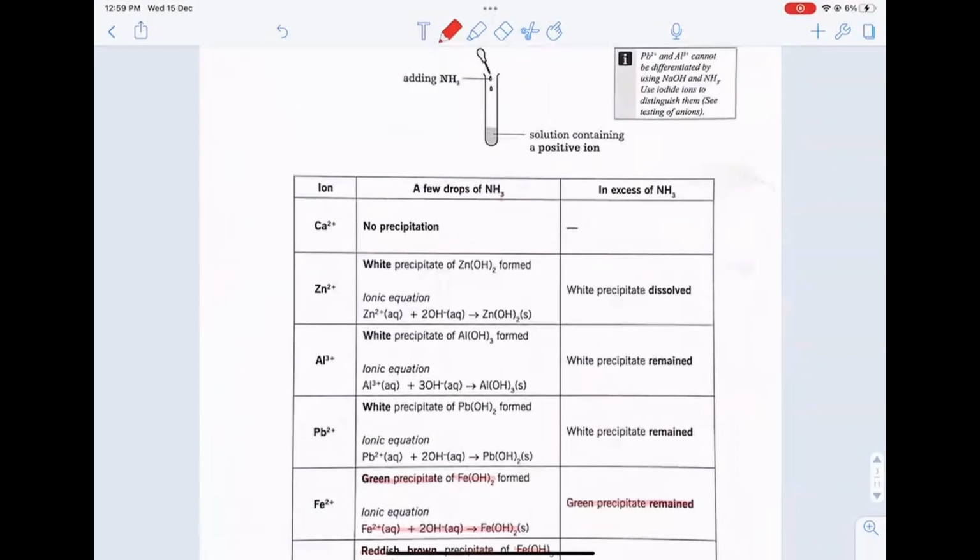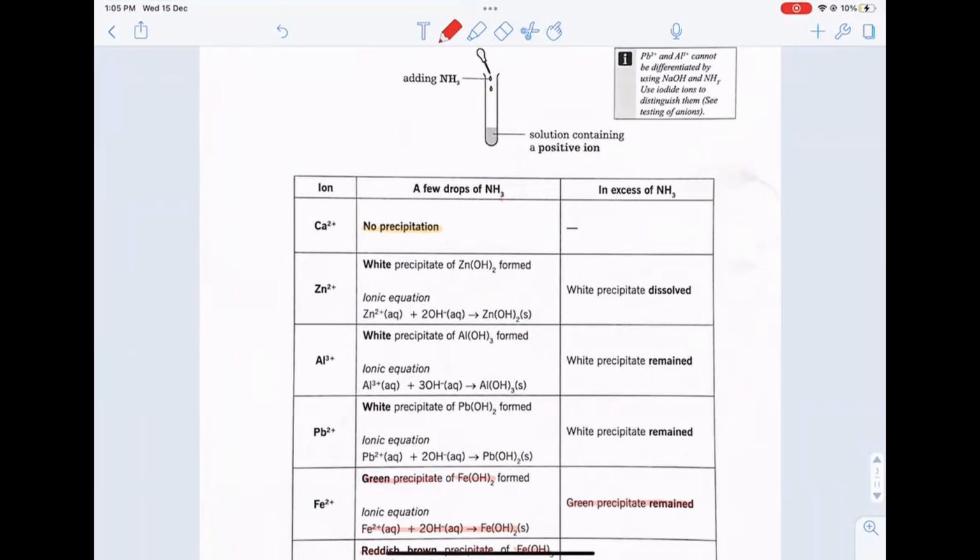Next, for the white colored precipitate, there are some changes, okay? Firstly, take note that Ca2+ will have no precipitation when you add a few drops of aqueous ammonia. So this is something to take note of. So why is there no precipitation for calcium ions? It's strange, right? Because just now with sodium hydroxide, there is a white precipitate formed.